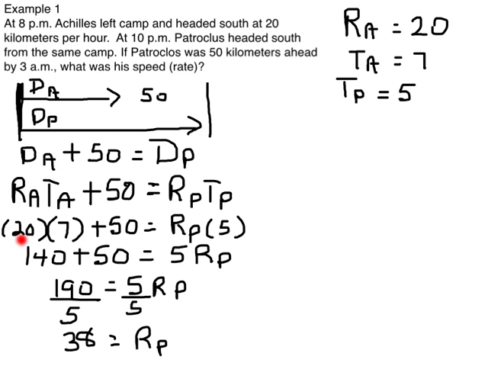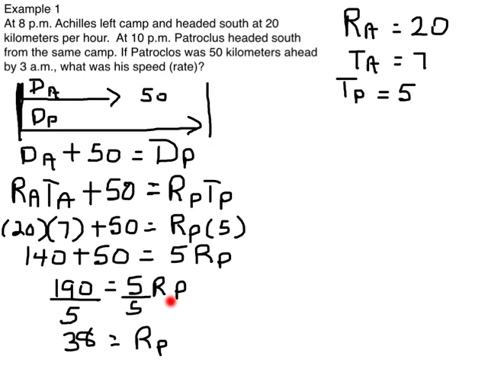All right, so rate of Achilles is 20, time of Achilles is 7, plus 50 is equal to 5 RP, rate of Patroclus. We add our like terms now: 20 times 7 is 140, plus 50. We get 190 equals 5 RP.